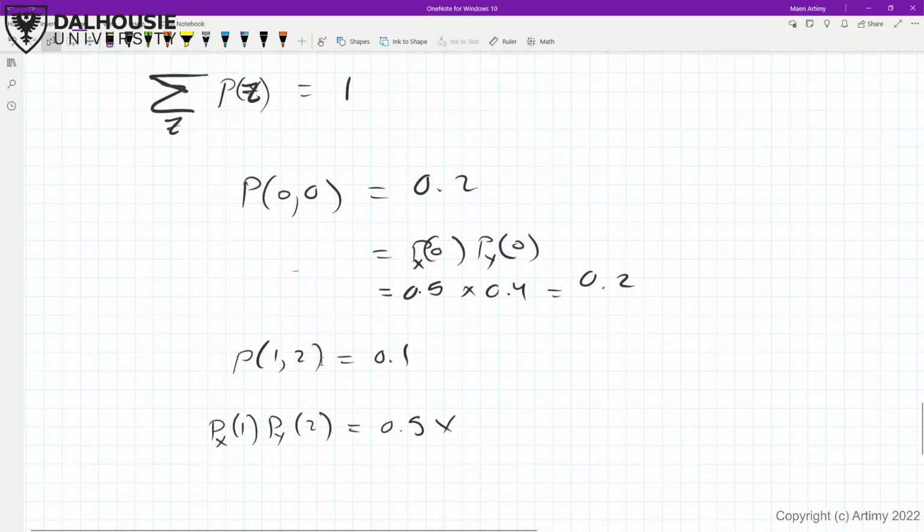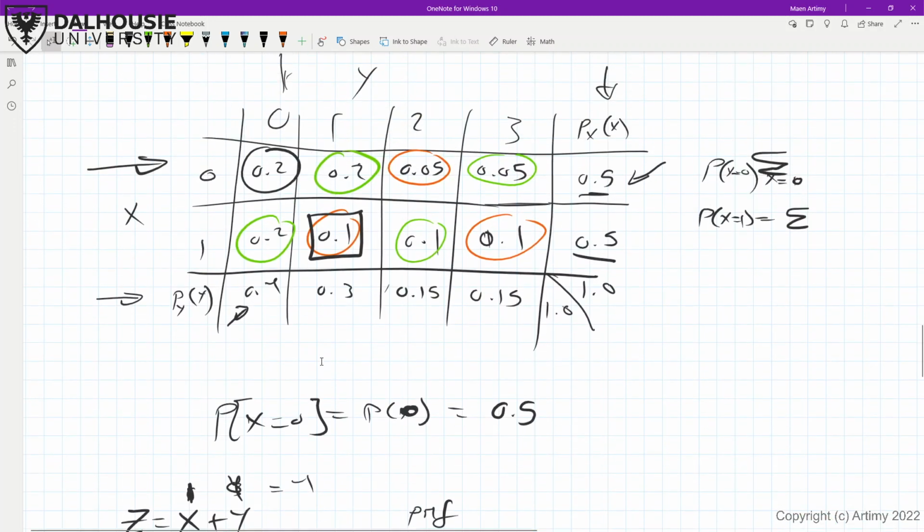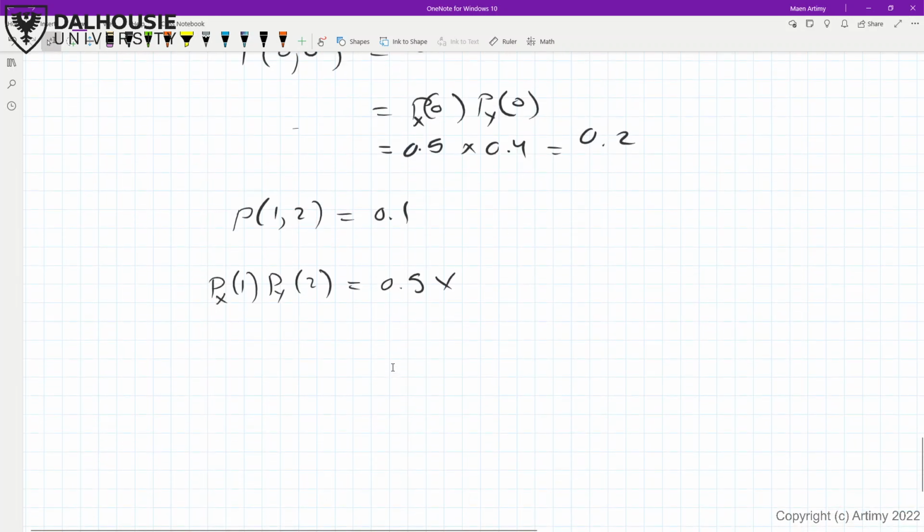Did I say 1, 2? Yeah, 1, 2. So this means that I'm actually looking for this number here, which is 0.15. Well, obviously, this is not going to be 0.1, right?